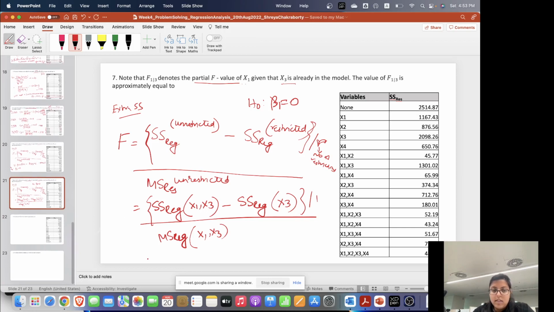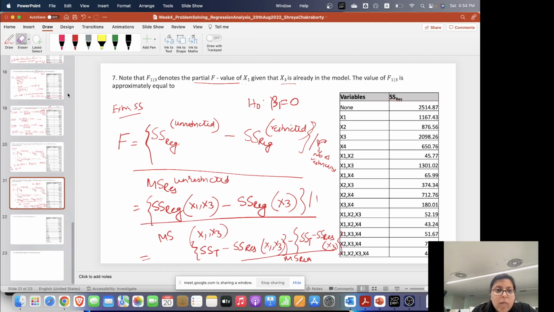So this can be written as sum of squares total minus sum of squares due to residuals for x1 and x3, minus total sum of squares minus residual sum of squares for x3, divided by MS residuals, sorry, this will be MS residuals due to x1 and x3.